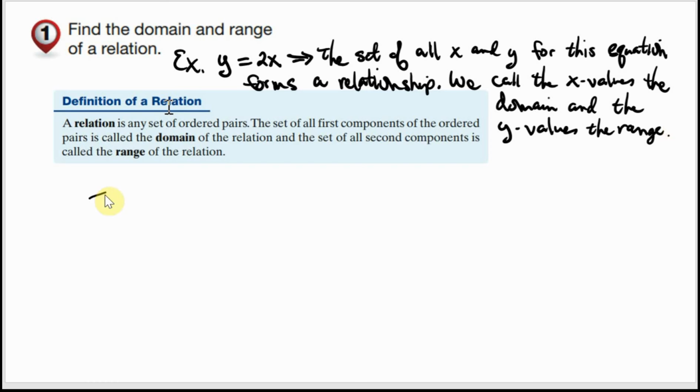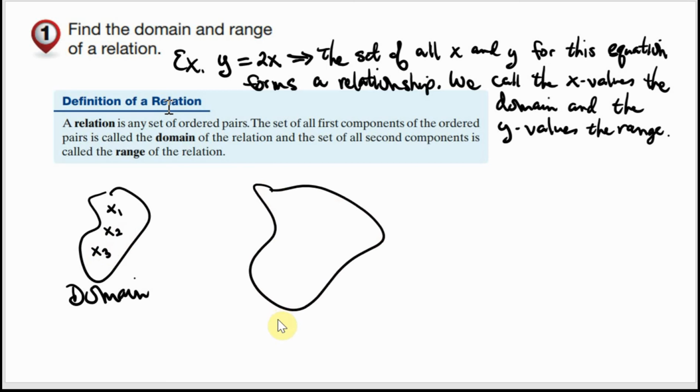So if there's a relationship, say we have a set of terms or numbers over here, x sub 1, x sub 2, x sub 3. And over here, I'm trying to go somewhere. I don't know where, but let's just say there's some function.